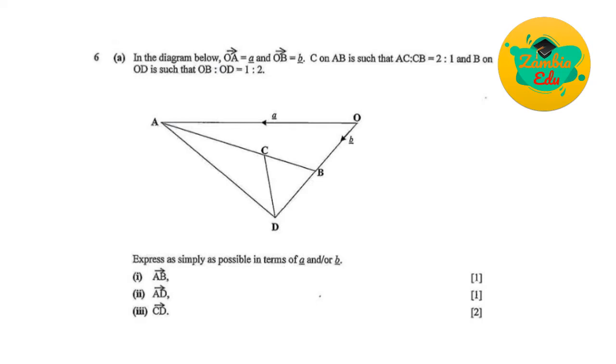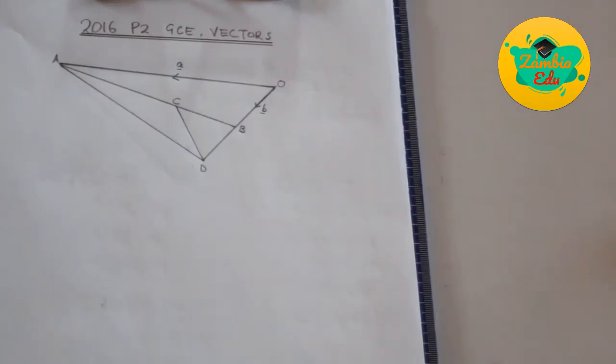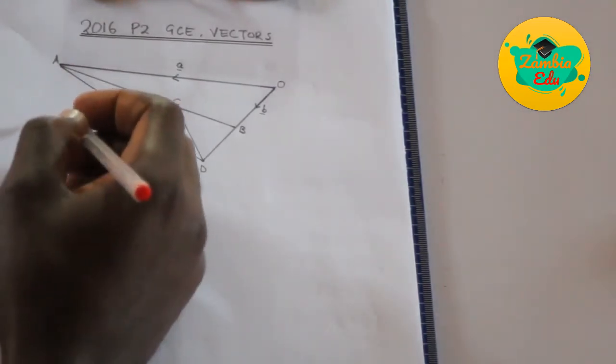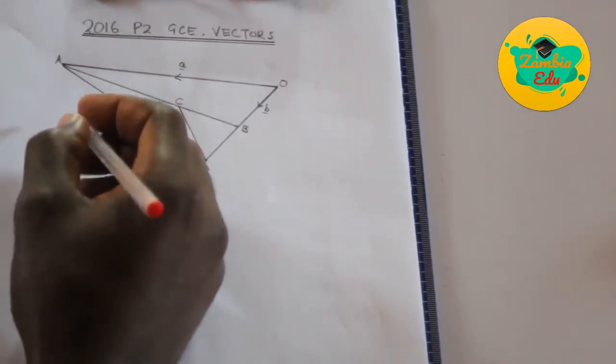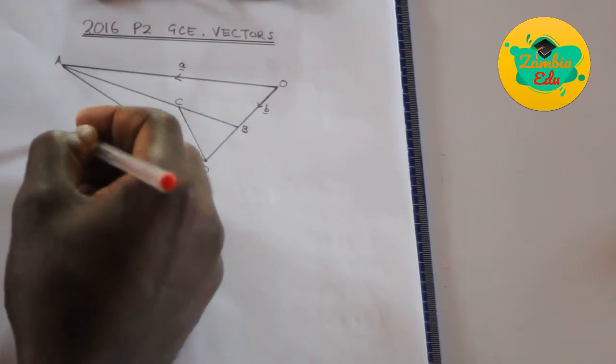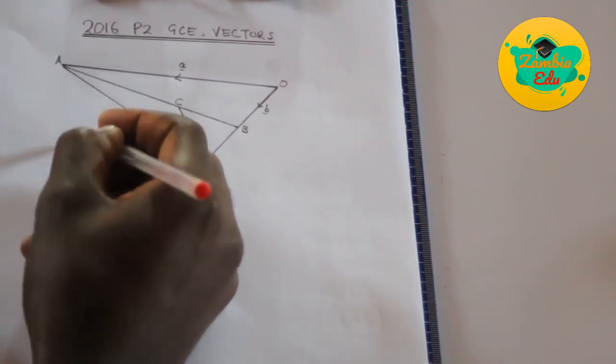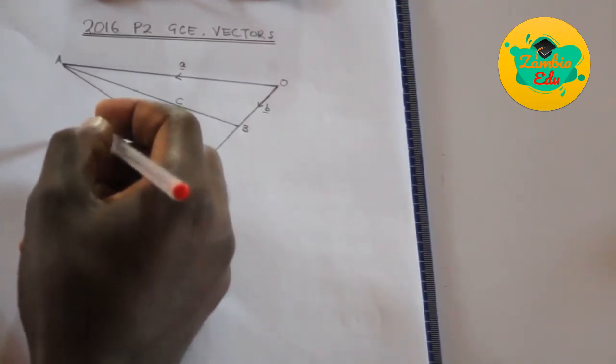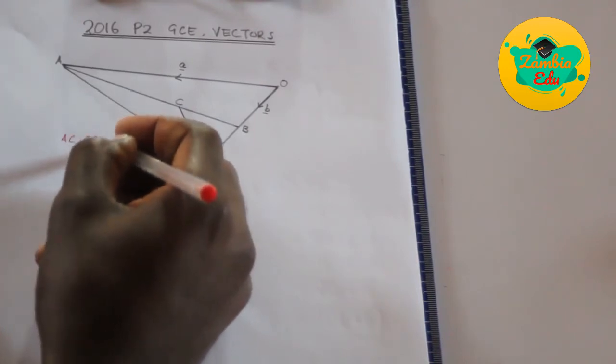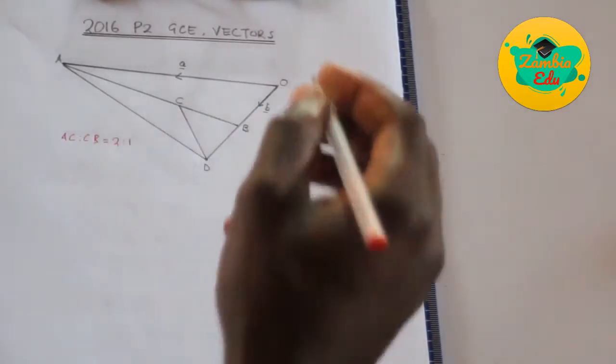Let's quickly go to our solutions. Before we begin this one, let's just take note of the ratios we've been given. We've been told that AC to CB is equal to 2 to 1.